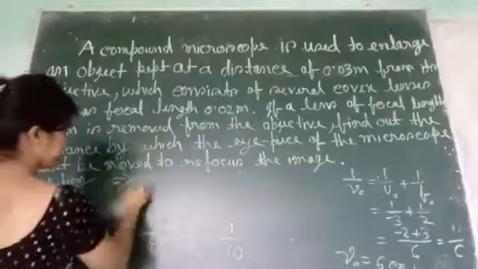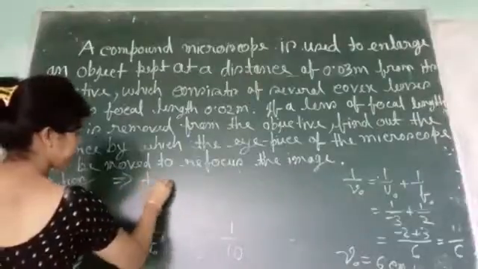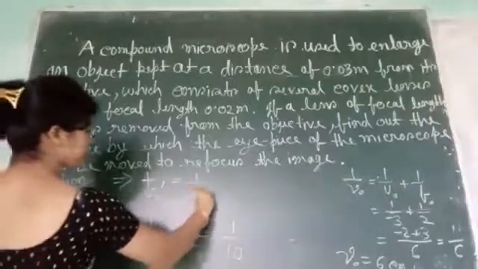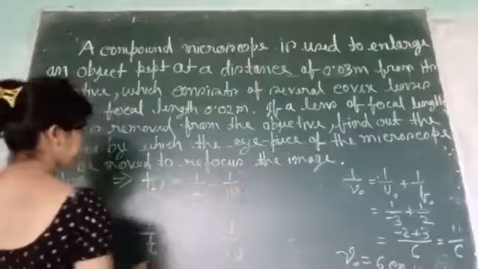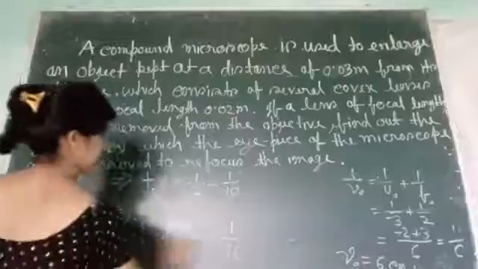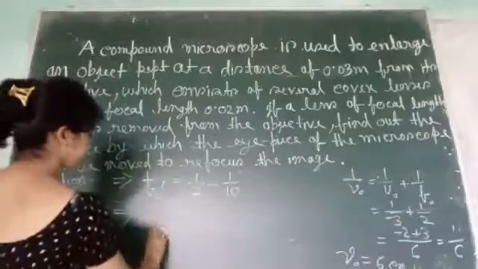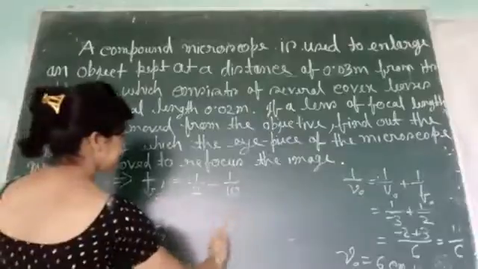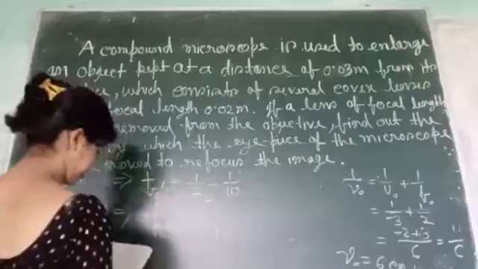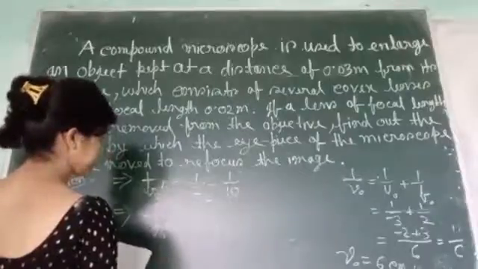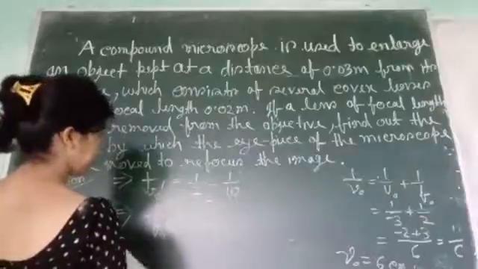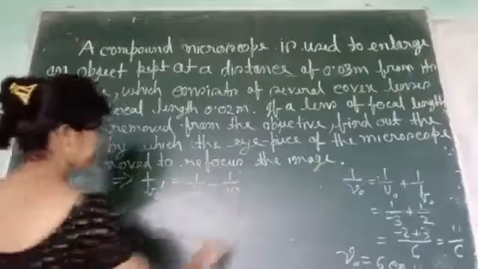So just write this thing: 1 by f naught dash, here f naught is equal to 2 centimeter, so 2 minus 1 by 10. So what will be the result here? 1 by f naught dash, this is 10 over 5 minus 1 by 10.